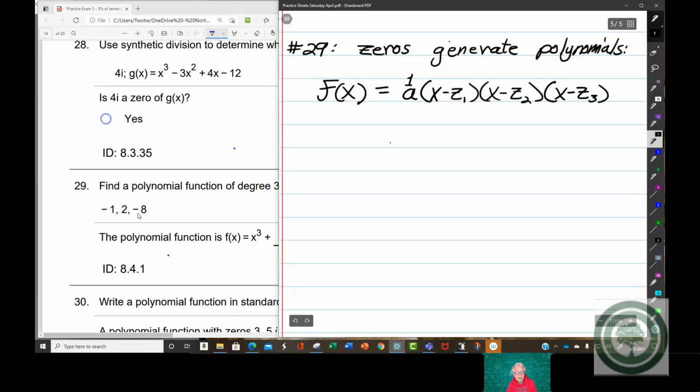Why only 3? Because they say we've only got 3. A degree 4 would have 4 zeros. A degree 5 would have 5 zeros, and so on.